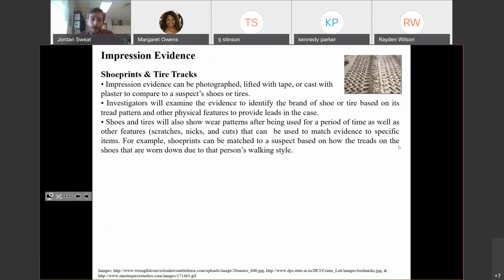And that's going to be very important when it comes to these impressions, okay? Because the little specific scratches and cuts and nicks and chips that occur just from the wear and tear are going to leave behind very individual characteristics that can be used to match suspect to crime scene or vehicle to crime scene.